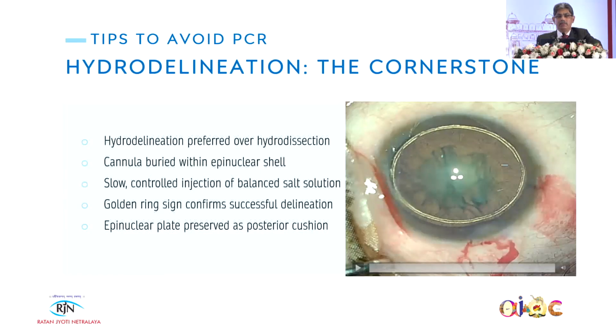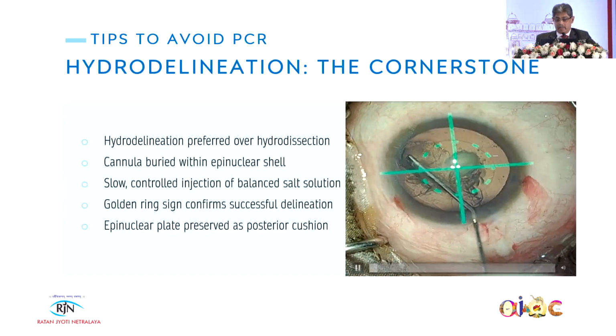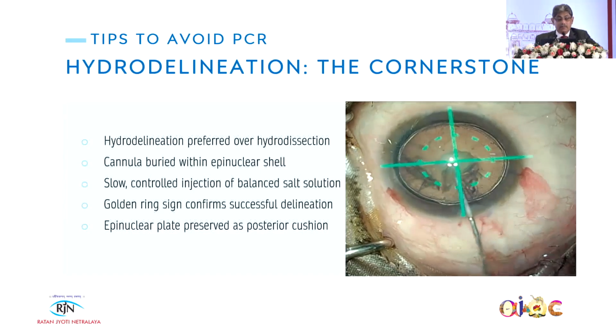Many ways of doing hydrodelineation have been given in the literature, such as Dr. Vasavada's technique from inside out and others. The only thing to remember is that there should be a thick posterior cortex sheet or epinucleus sheet, which will prevent the rent from occurring.